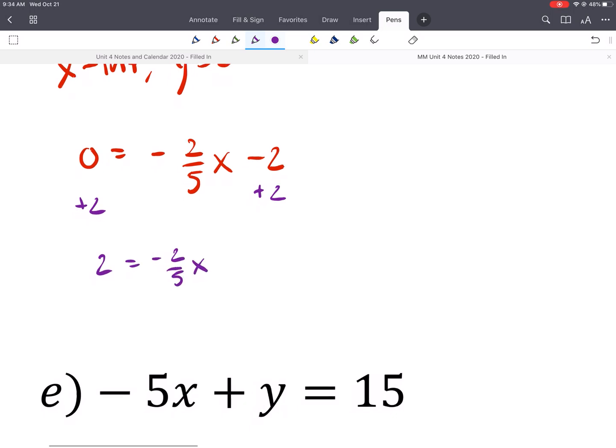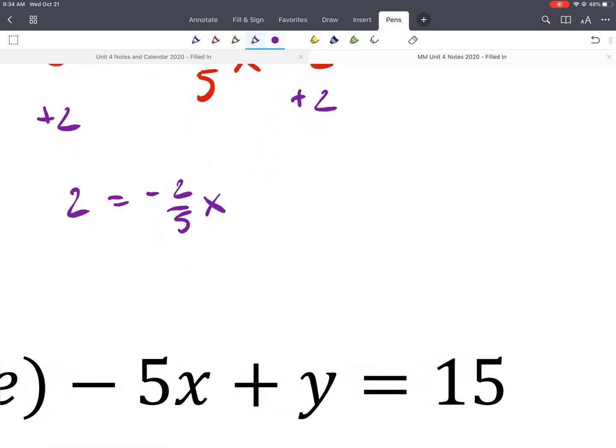Okay, and then I mean, you have two choices. You could just divide both sides by negative 2/5, or you could kind of peel it off. So you could say, well, I want to get rid of this, so I will multiply both sides by 5.